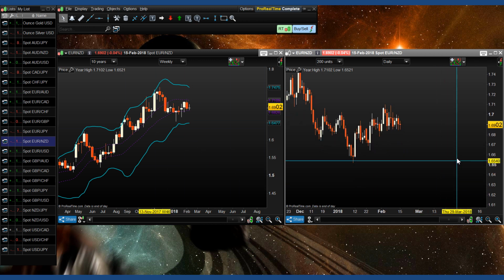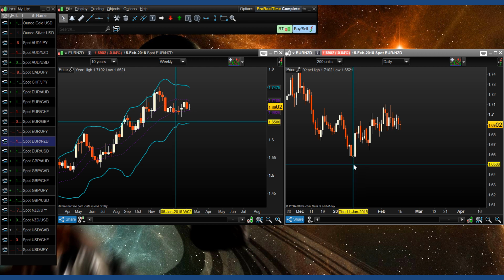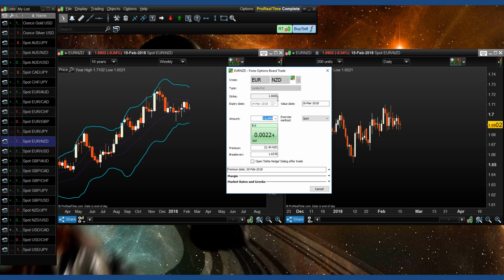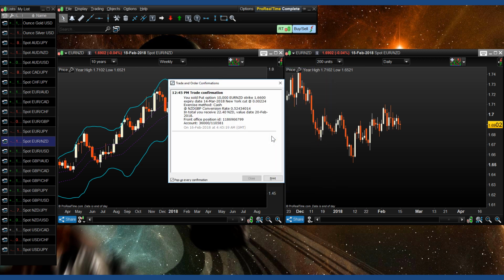So 166 is just right here. As you can see, I would have taken 165 because that would just put me right below where I think is safest for the next 4 weeks. So 166 on the 14th, here it is. 166 put, cash, and we're selling it.